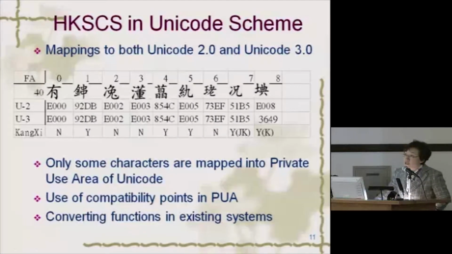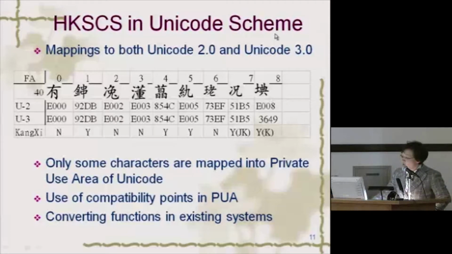Now, to facilitate the migration into the Unicode platform, in the government standard, when you have a character, if you look at this table, this shows FA40, FA41, and that's their Big Five code. And you notice this is a simplified Chinese. Did I mention the inclusion rule?